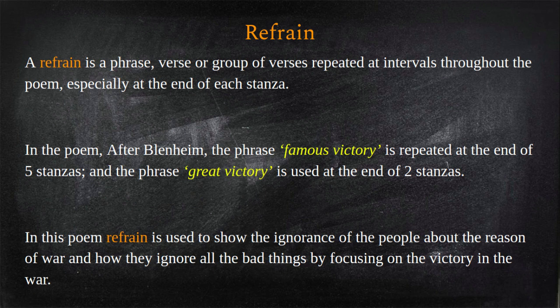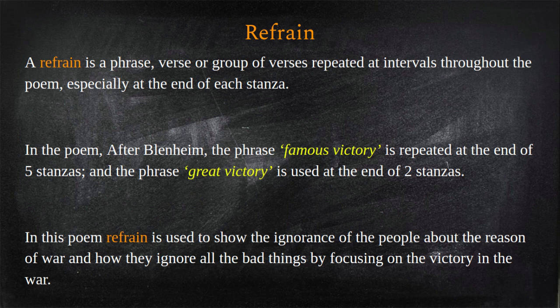And although they don't know what was the reason for the war or what were the benefits or advantages of the war, they still call it a famous victory, a great victory. They know that only bad things happened due to the war.